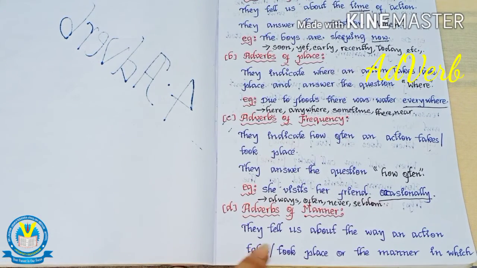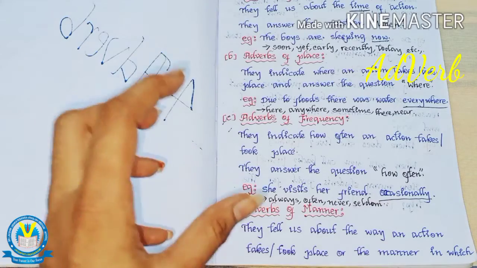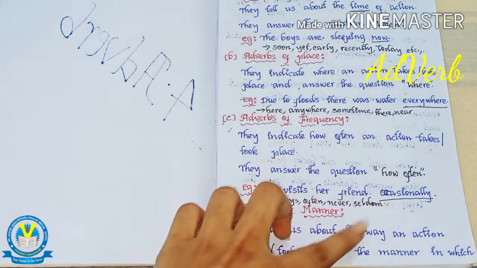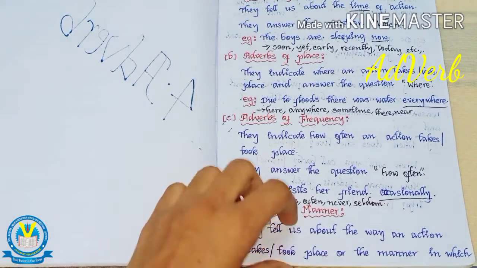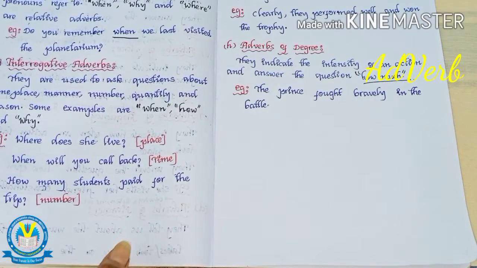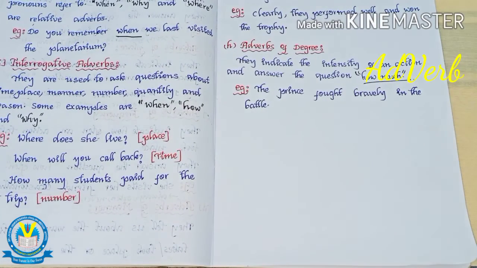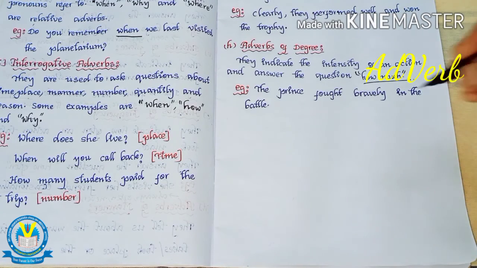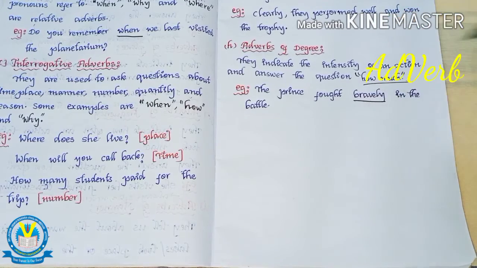The same describes the intensity, that means in which way the action takes place. The same example here also I am taking: the prince fought bravely in the battle. How much? How? Bravely. Here the word bravely indicates the adverb of degree.